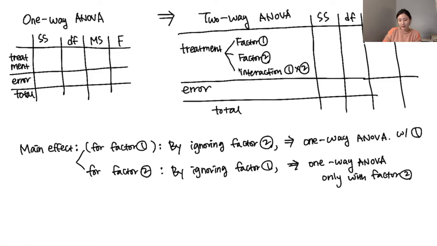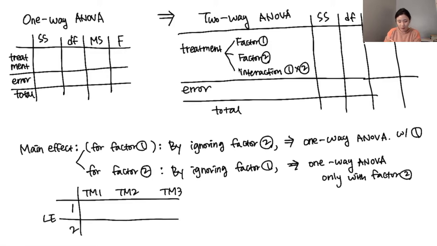In the teaching method example, we had teaching methods 1, 2, and 3, and learning environments 1 and 2. My main effect for teaching method, by ignoring learning environment, is comparing test scores according to teaching method. This is just the one-way ANOVA we did in the previous video.